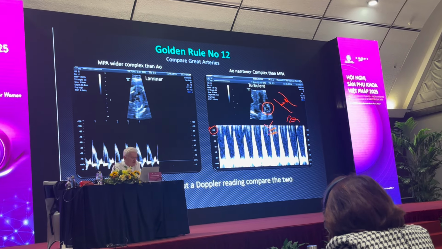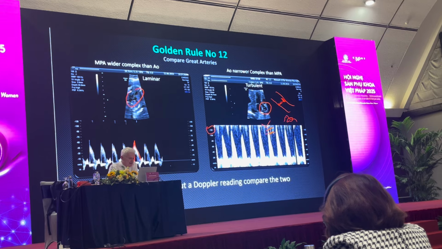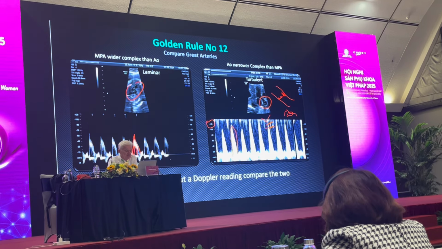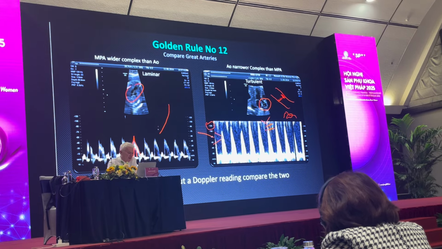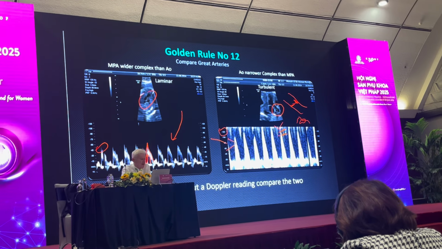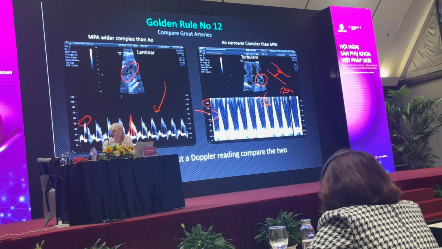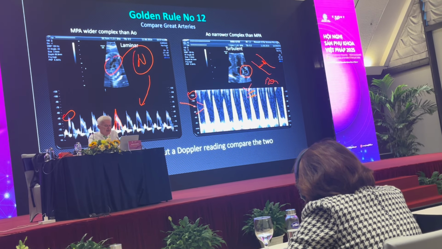And when you look at the flow in the pulmonary artery, you see this black in the center is laminar, where this is hyperechoic throughout. This is a stenotic lesion, this is laminar flow, and the velocities are 45 to 65 centimeters a second. This is normal pulmonary artery, this is a stenotic lesion.